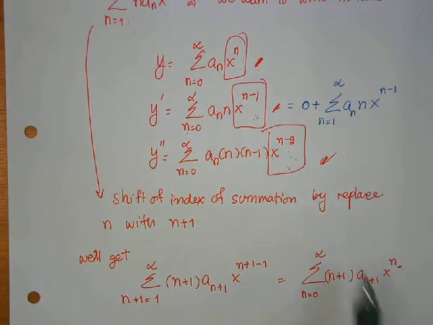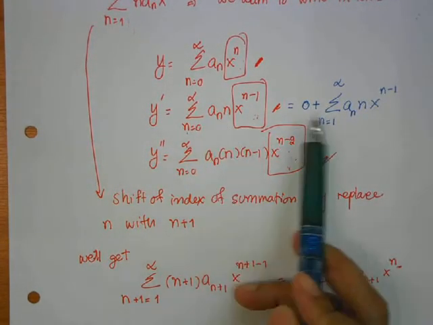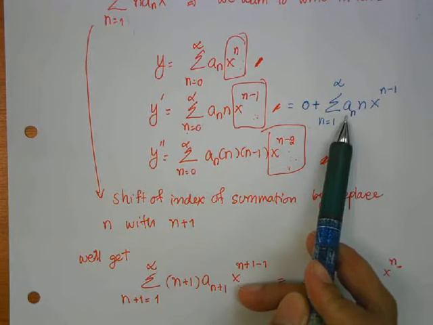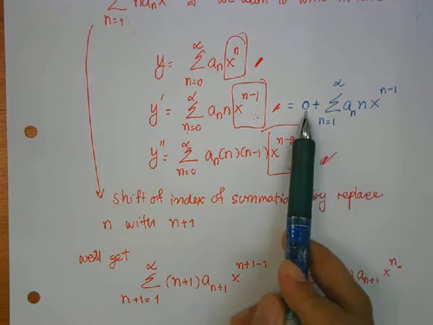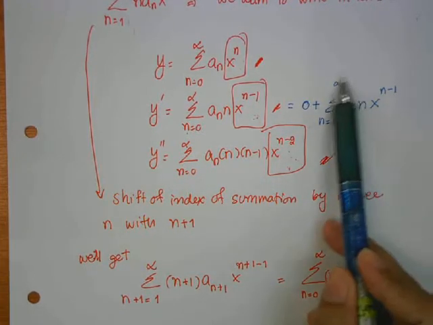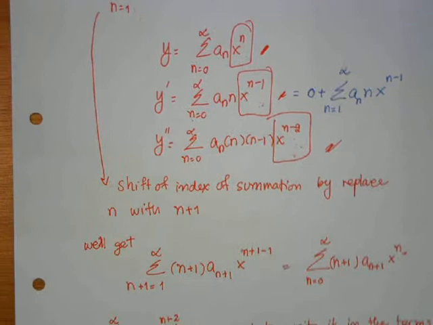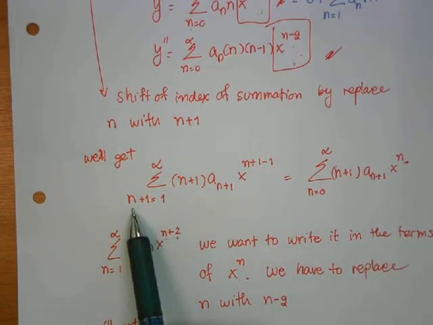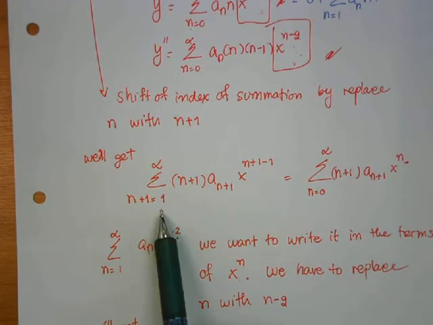The way you write this one and that one have the same meaning, because at n equal to 0, the first term is equal to 0. Now we are going to do the shift of this one, and we replace n with n plus 1 there. You would get n plus 1 equal to 1 there.